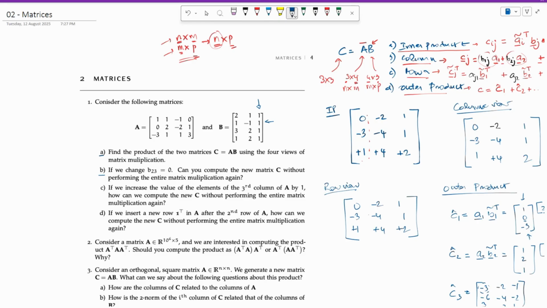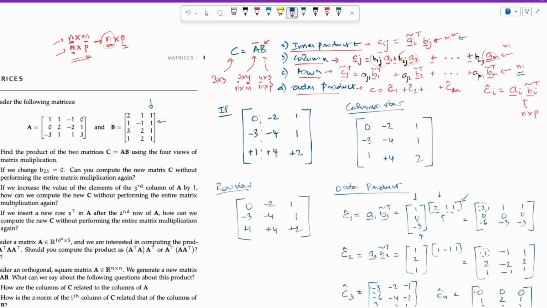Are you sure it does not impact? Does the second row of B not impact the first row of C? How do you compute the first row of C? Go to the row view. Look at the row view. The jth row includes all the rows.